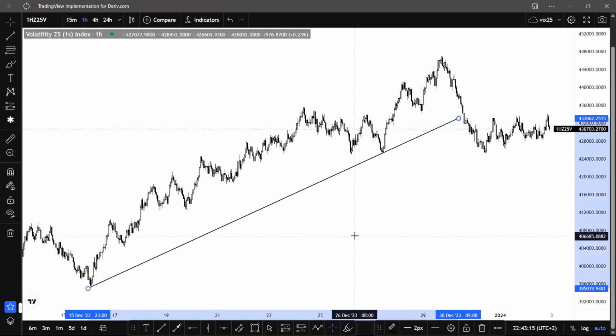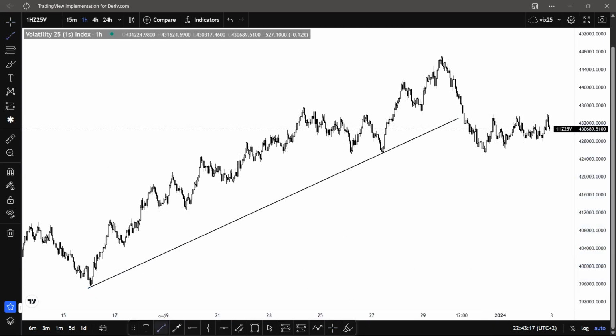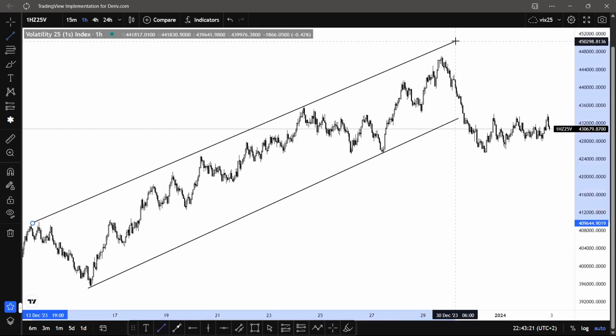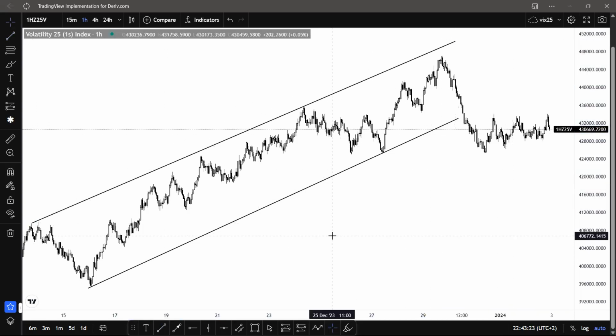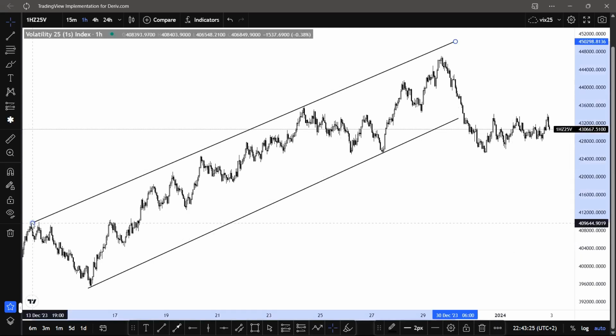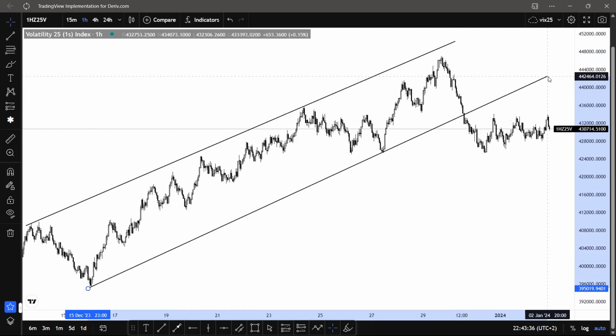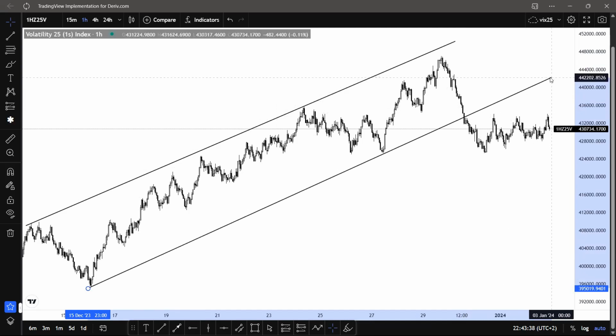So there we go. Then add another one here. So make sure you have a first touch here, then a second touch, then you extend, first touch, second touch, then you extend.